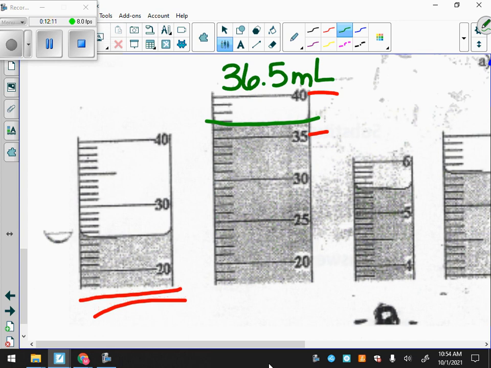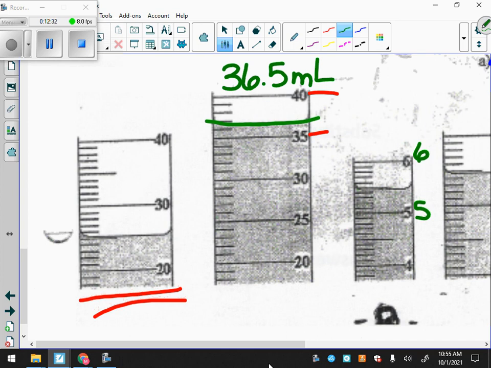This graduated cylinder we're counting by ones. This one we're not counting by ones. Do you see the numbers? This is 5, and that's 6. So what are we counting by? All these little lines are going to be what? They're going to be 0.1s.